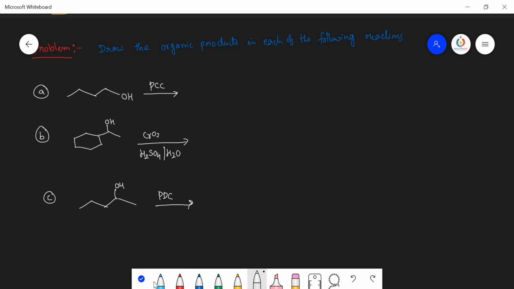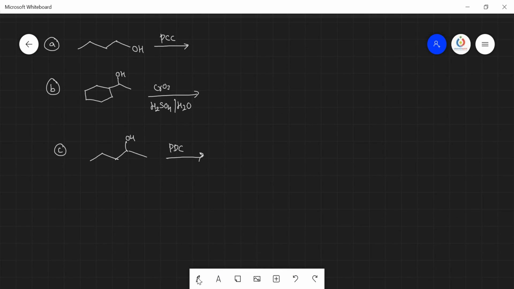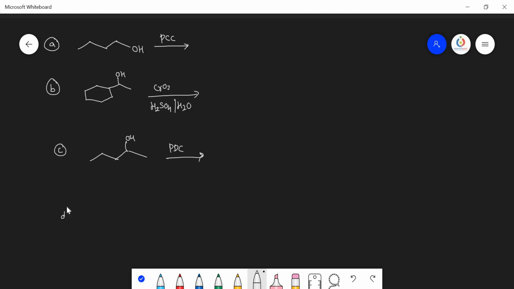I'll write this side. Okay, one more molecule right here. D molecule. So here this is the OH group. Means almost all reducing oxidizing agents, I mean H plus, KMnO4 and heat it. And E example.